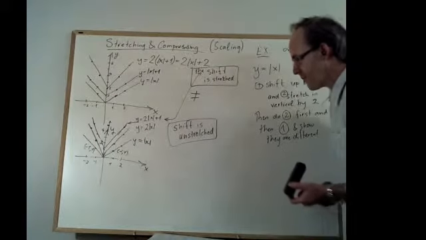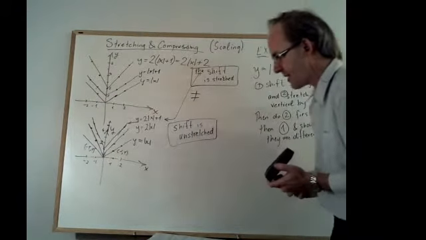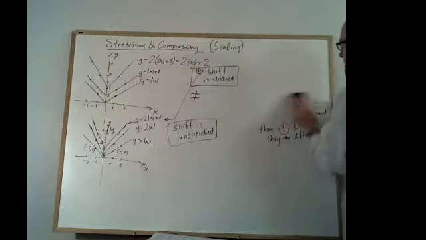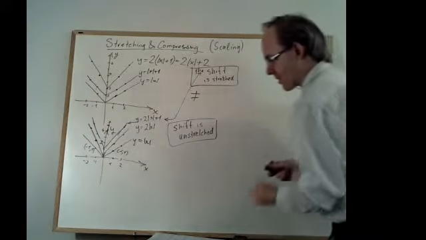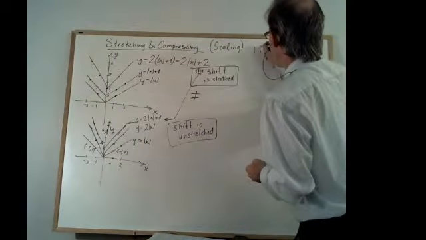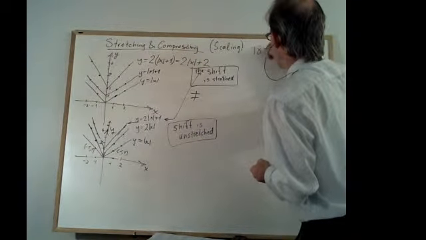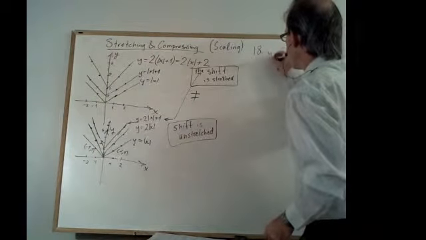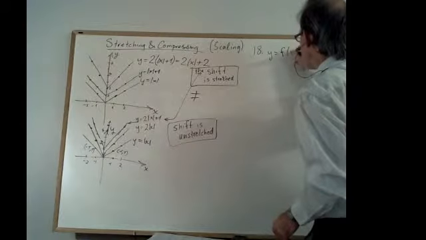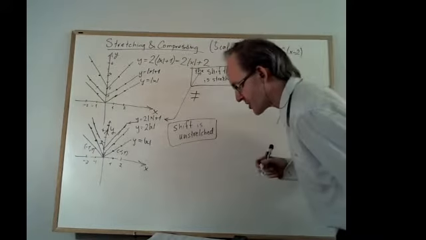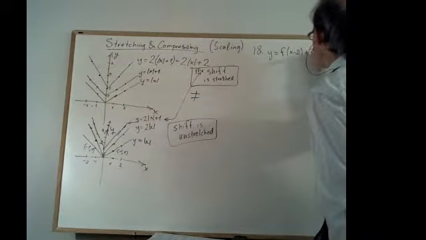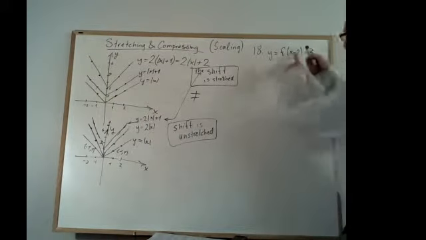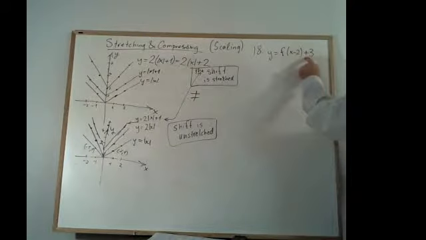Okay. Let's do a few more. So number 18 in section 3.5. It says we're given y is equal to f of x minus 2. So f is some function. They don't specify what it is, but they give this form. Y is equal to f in brackets of x minus 2 and then plus 3.